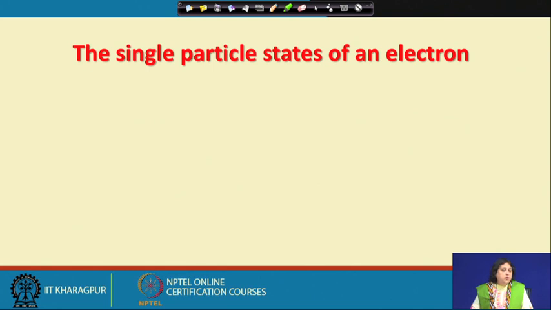So, if I want to derive the single particle state of an electron, it means that I shall be solving the Schrodinger equation at the microscopic level, that is the equation that we solve to obtain the quantum mechanically allowed states of the system.